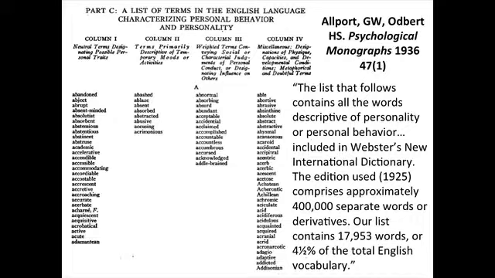Of the 400,000 words in the dictionary, they identified nearly 18,000 that described personality, comprising 4.5% of the English language. While this was certainly interesting, it was of very little practical use. In order to develop cogent theories of personality traits, we needed to markedly reduce the number of words used to describe traits.